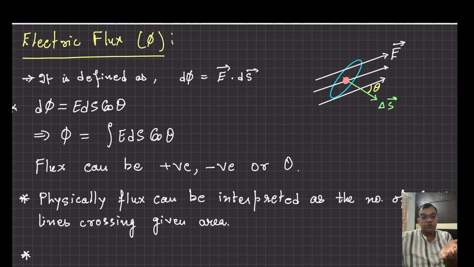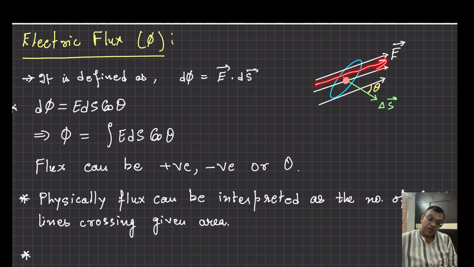If I take this as the surface, then this will be the area vector along the normal to the surface. So the area vector is a vector whose magnitude is the same as the area of the surface and whose direction is along the normal to the surface.